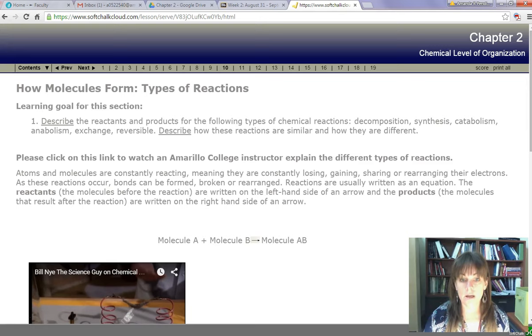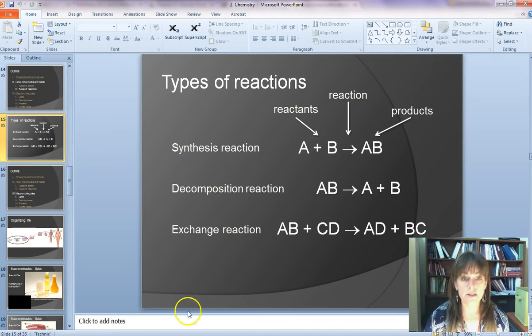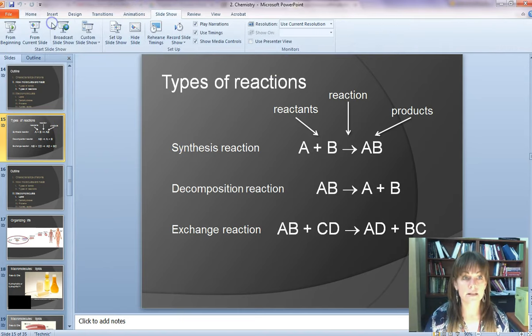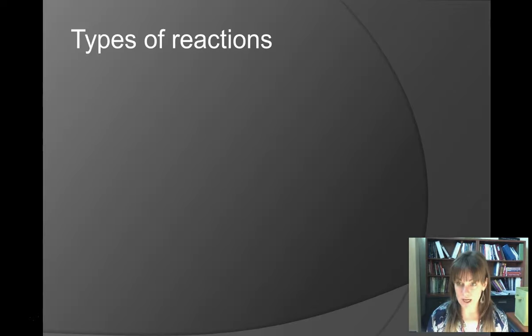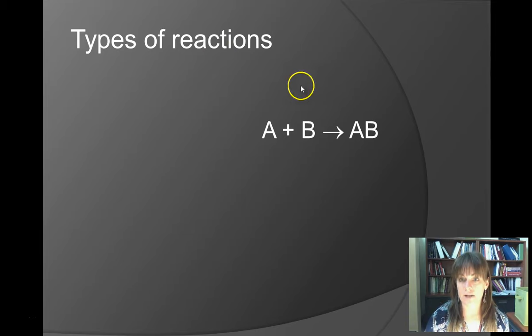Now what we first need to start off with is to make sure that you understand the shorthand notation that chemists and biologists use when they're talking about reactions. So this right here is showing a reaction, and let's do some vocabulary.